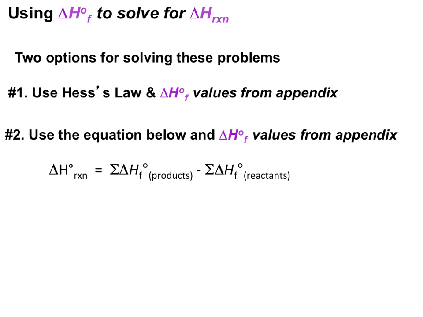Our first option is to utilize Hess's Law and our delta H of formation values from appendices in the back of the book. We can also utilize this equation here along with delta H of formation values from the appendices to help us get our delta H of reaction. These two approaches are slightly different from each other, but they should give you the same result.